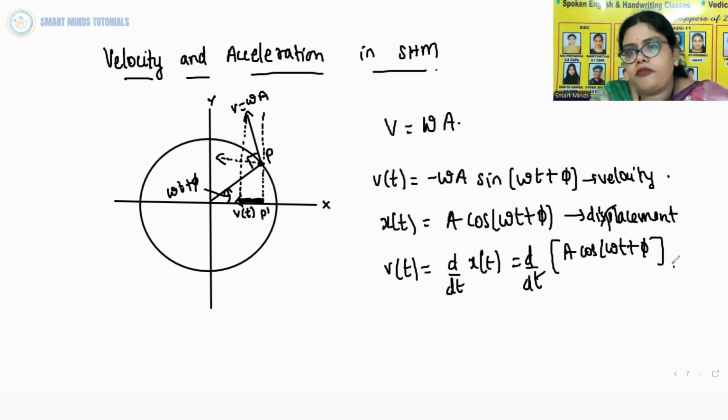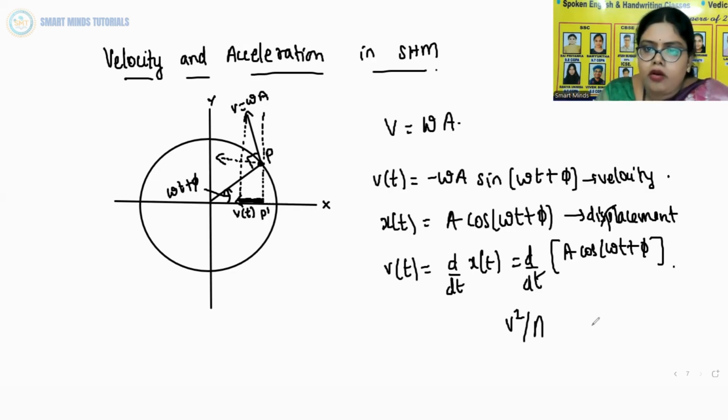So the method of reference circle can be similarly used for obtaining instantaneous acceleration of a particle undergoing SHM. We know that the centripetal acceleration of a particle P in uniform circular motion has a magnitude of v square by A or omega square A, and it is directed towards the center.